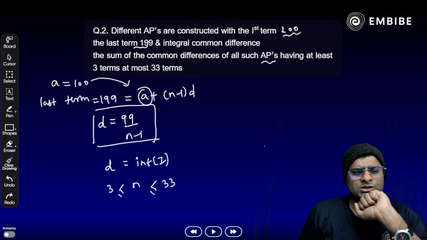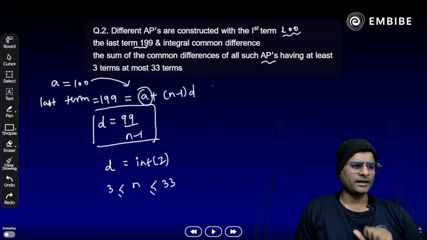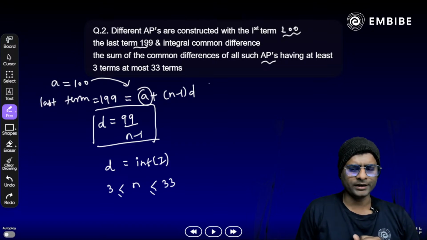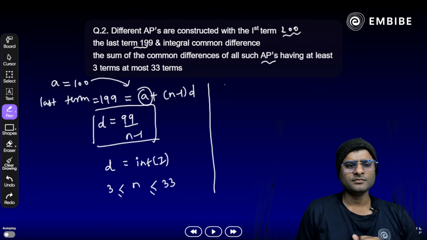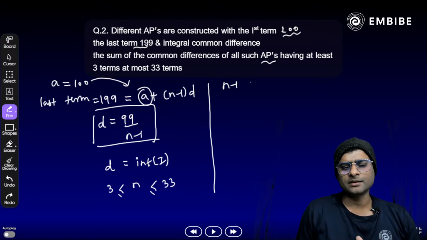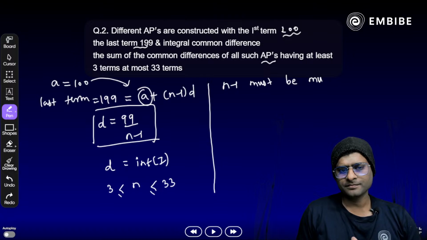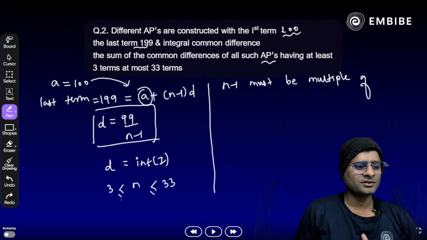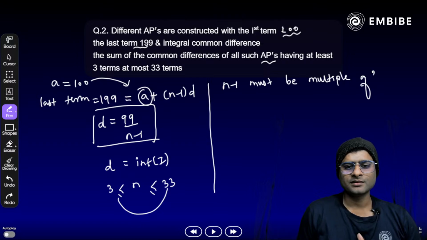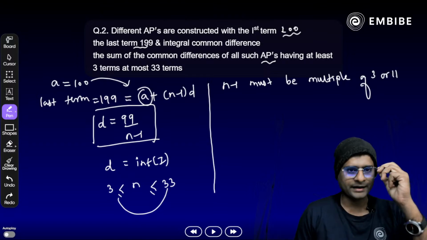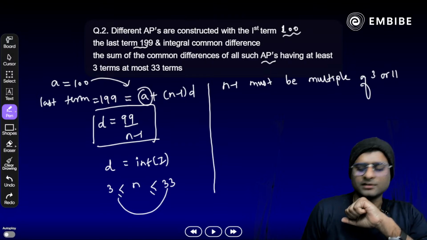So if we focus on n minus 1, what do you conclude here? n minus 1 must be a multiple of either 3 or 11. Correct? How 100? It is a misprint there, Naman.